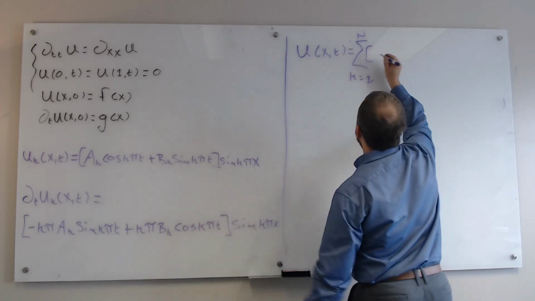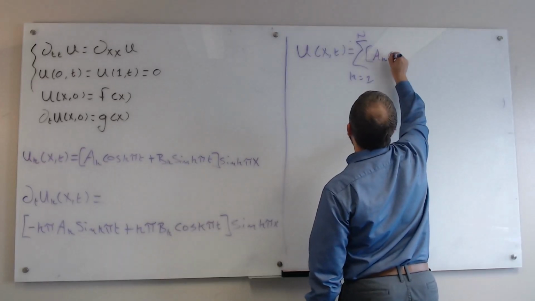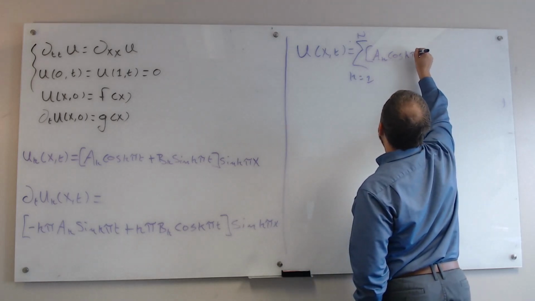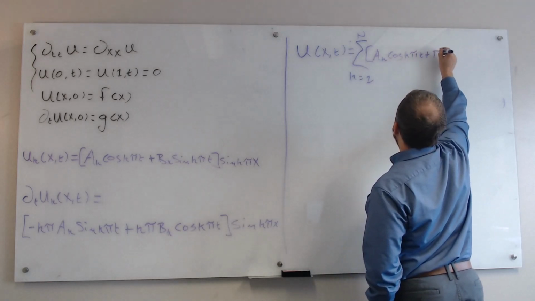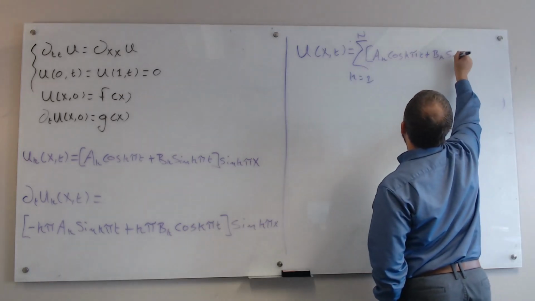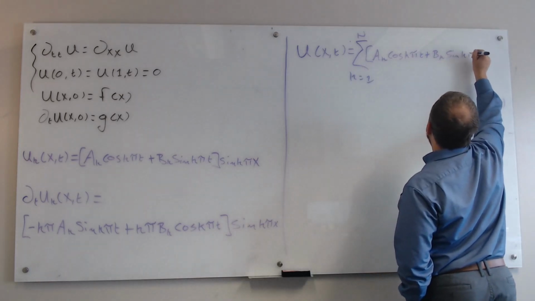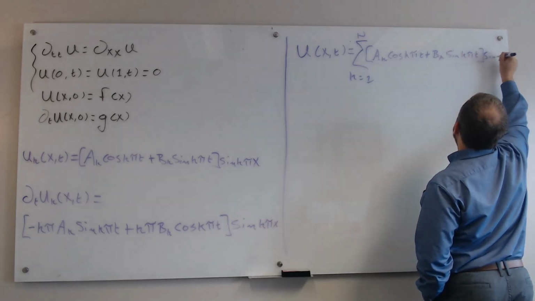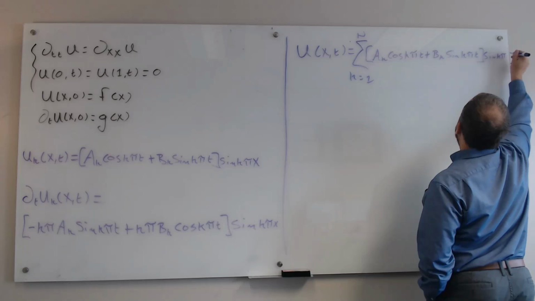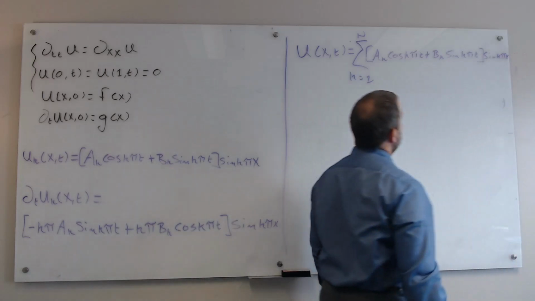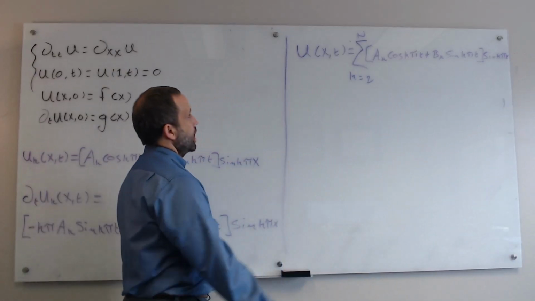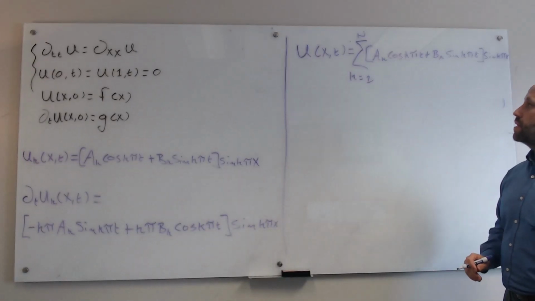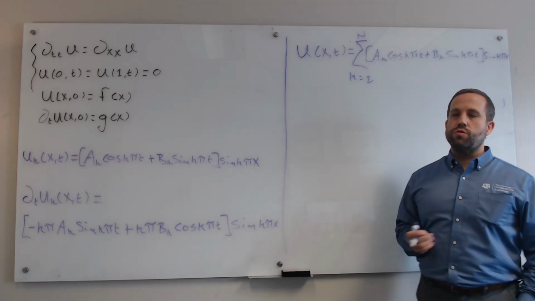We're going to have ak cosine k pi t plus bk sine k pi t, and then sine k pi x. Again, all we're doing is adding up all of these uk's for k equals 1 to n.